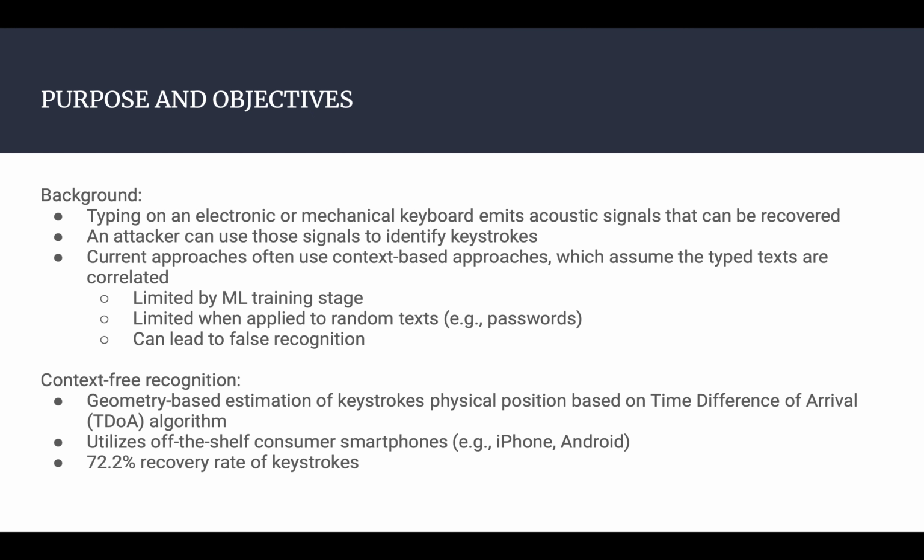So using mechanical, electronic, and acoustic signals from keyboards and other devices is not something that's new. As early as the 1910s, German scientists eavesdropped on French field phone lines.